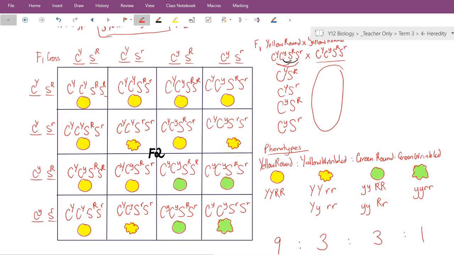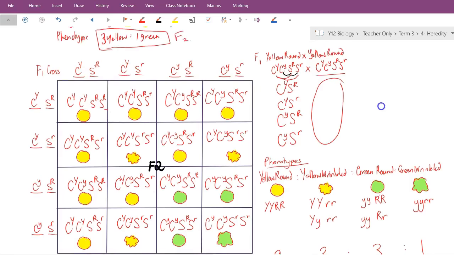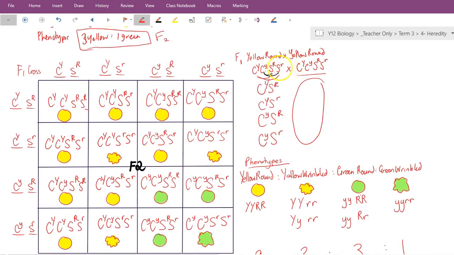So in this case, instead of just having one allele up here, we had to have 2, whether they had yellow or round or wrinkled and green. This is exactly the same as above. On our F1 cross, we had seeds here, which were heterozygous yellow for color and heterozygous for round.